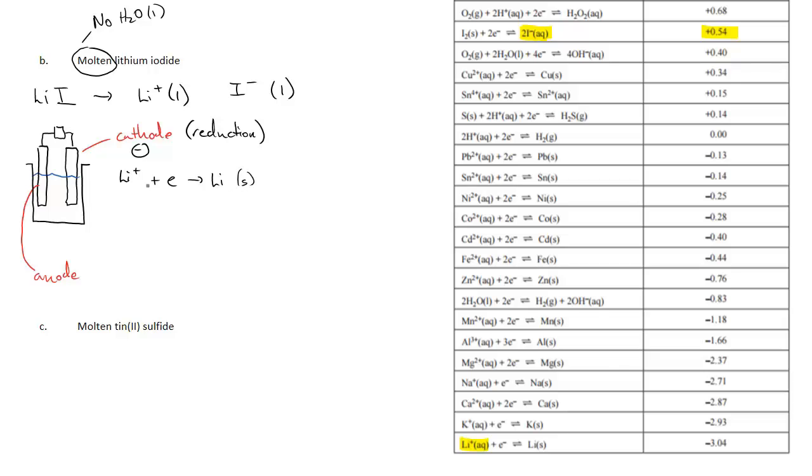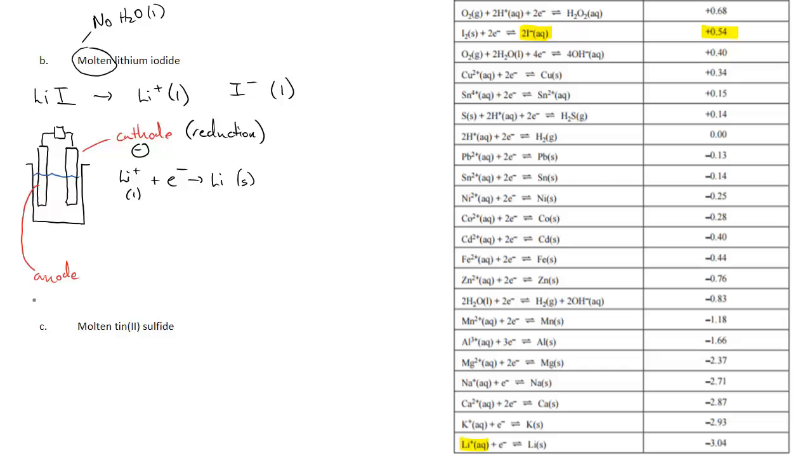So it's only lithium that's possible in gaining electrons. We can see that iodide can't gain electrons. Okay, it's already gained electrons, it's already I minus. So it can only lose electrons.